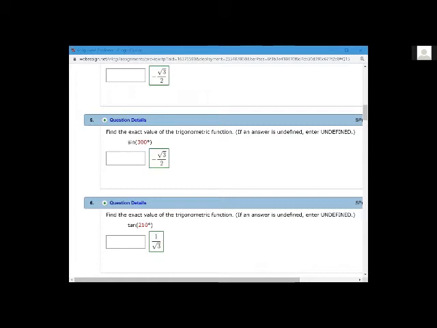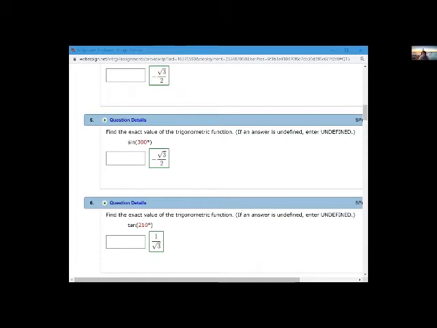So you just trust me that 240 degrees is this point. You want to find the y-coordinate, so you're looking at negative root 3 over 2.